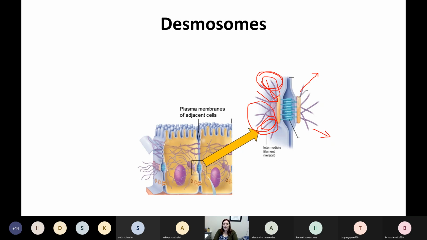If you remember, there was a layer of the epidermis, one of my strata, that we said looked like it had little pokey things on it, or it looked like it had little spines on it. Do we remember which layer of the epidermis I told you looked like it had spines? Which stratum?